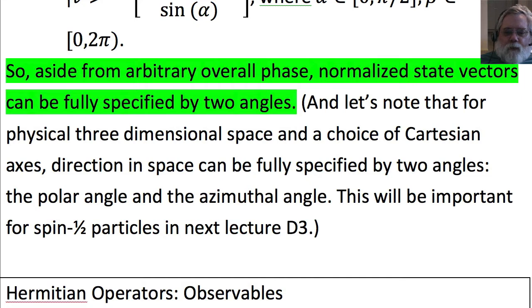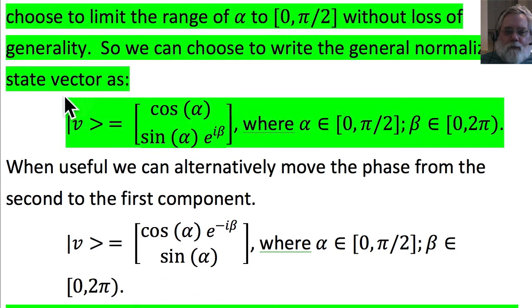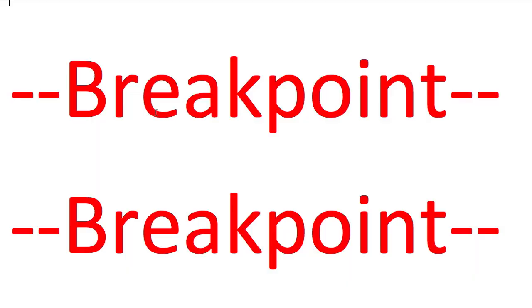This is going to be important for spin 1/2 particles in the next lecture, D3, but we're not going to use it here. In this lecture, we're going to use this form, alpha and beta. This is a possible time to take a break.